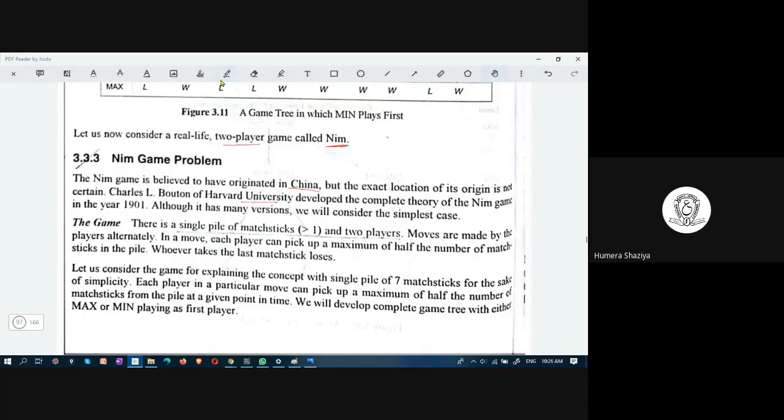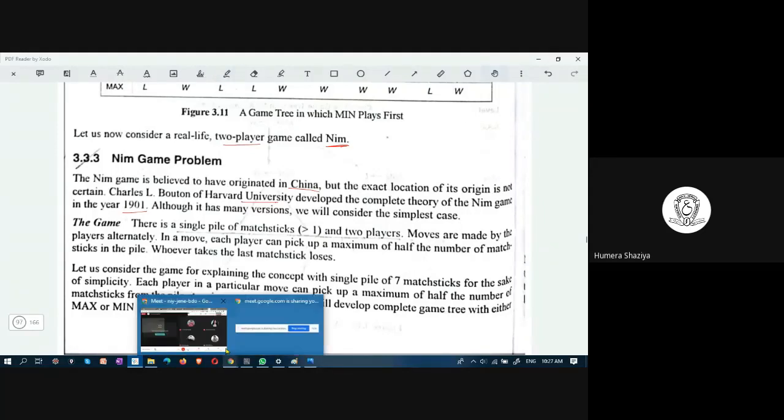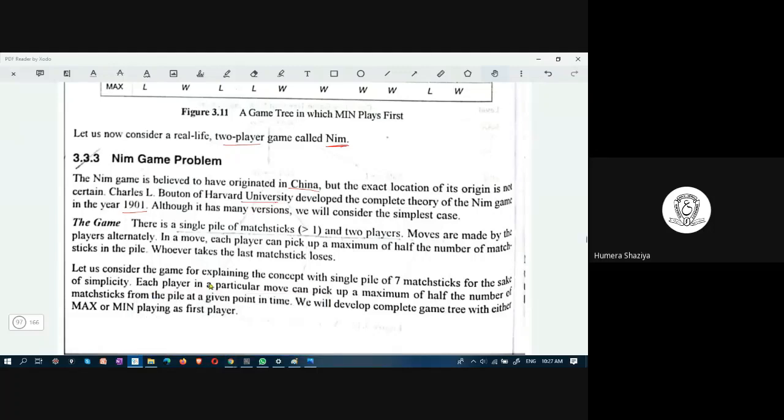There they developed a complete theory for the Nim game in 1901. There are several versions of the Nim game. For the purpose of study, we will choose one version, which is the simplest.